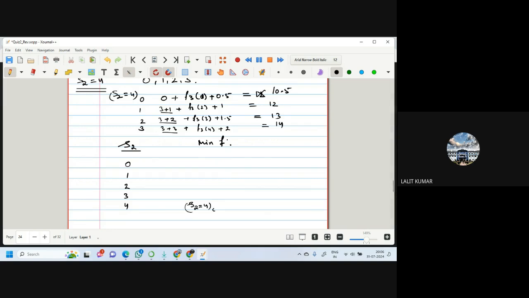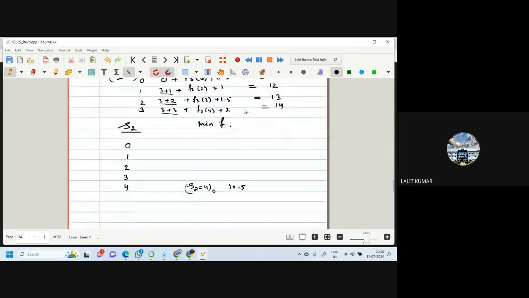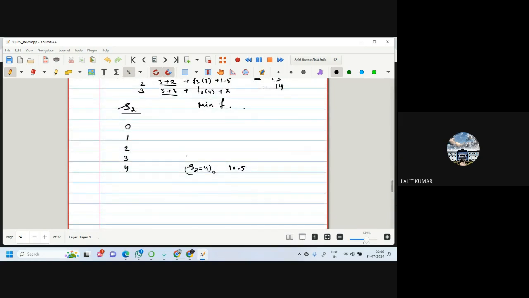We are ordering 0, and this is 10.5. And S2 is equal to 3, minimum is 12, again 0. S2 is equal to 3, 0, and this is 12.